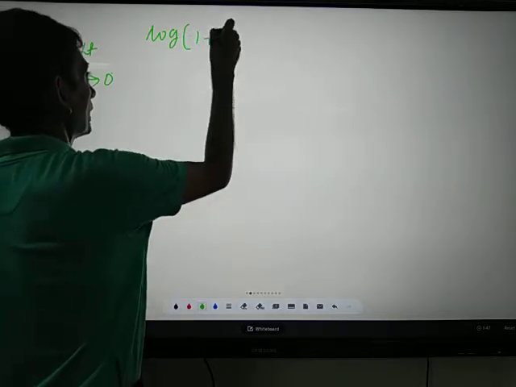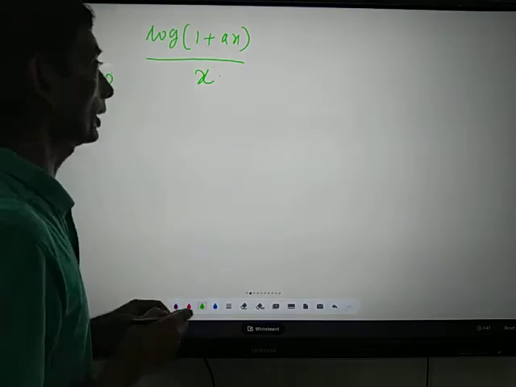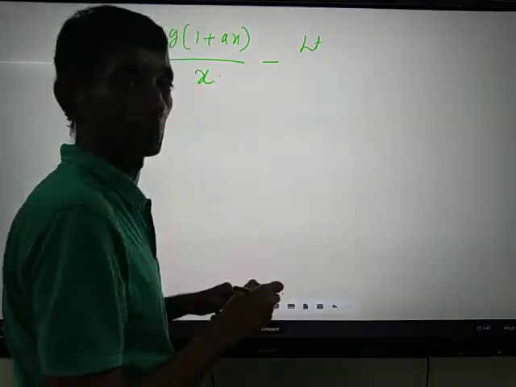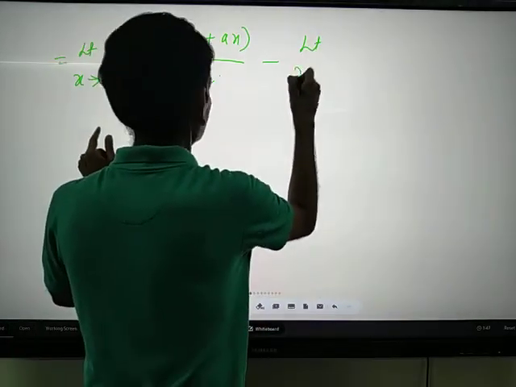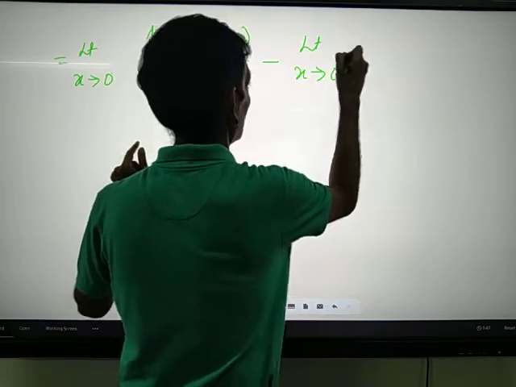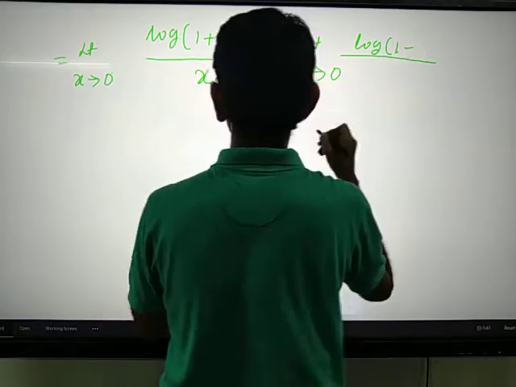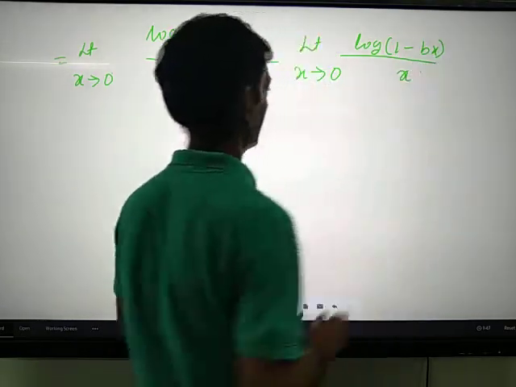Log(1 plus ax) will be divided by x, and minus is there, so we'll take the limit in both the functions, that is limit x tends to 0 of log(1 plus ax) by x, and limit x tends to 0 of log(1 minus bx) by x.